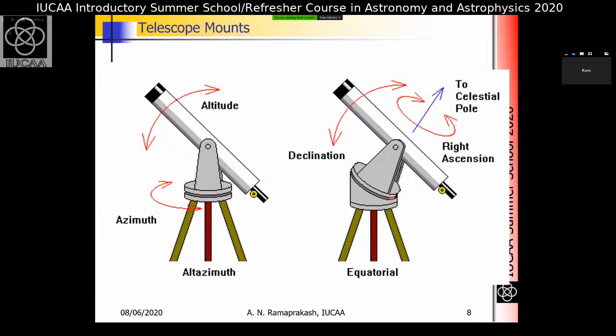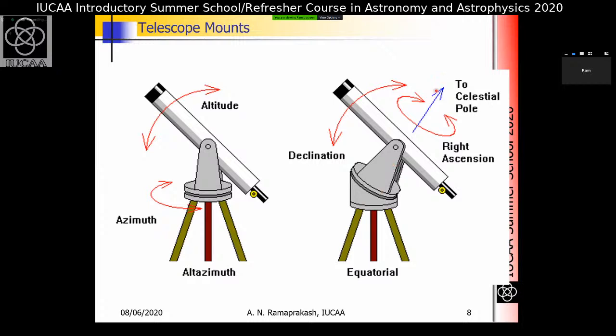Another arrangement is called the equatorial arrangement, where instead of keeping the base horizontal, the base is kept in an orientation such that this direction points directly to the celestial pole, the North Pole in the case of the Northern Hemisphere and the South Pole in the case of the Southern Hemisphere. Which means this angle from the horizontal is equal to the latitude of the place.